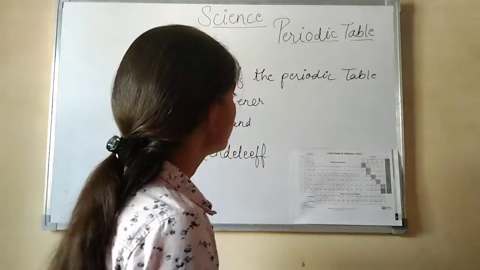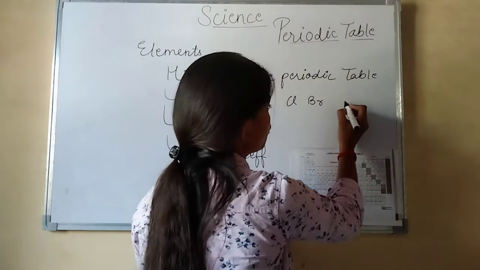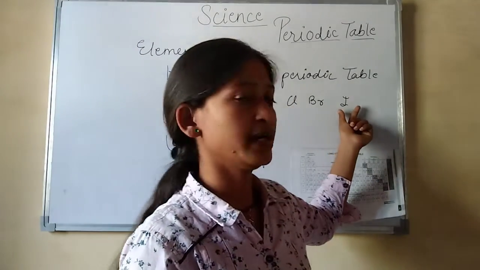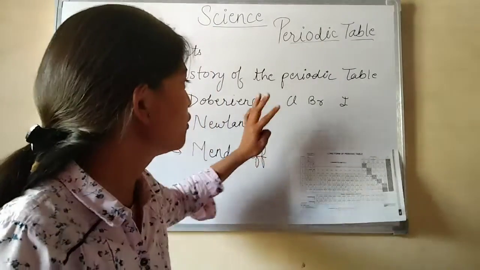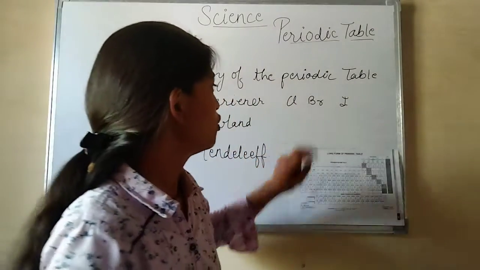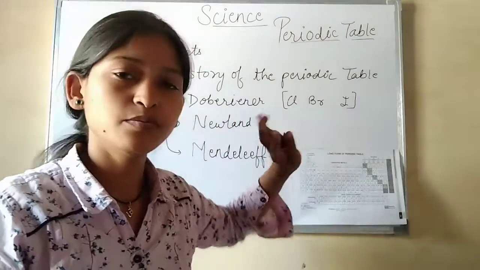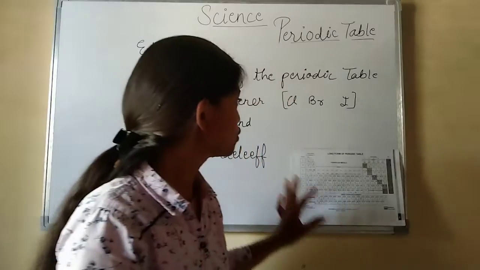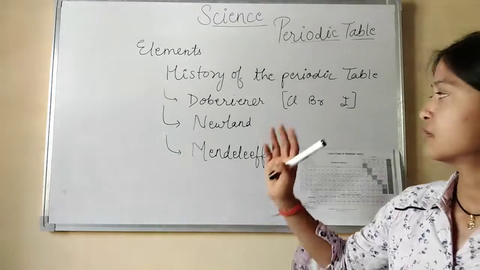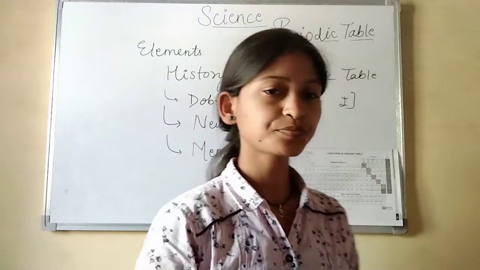For example, if we take chlorine, bromine and iodine, and take the average of chlorine and iodine atomic masses, we will find the atomic mass of bromine. So he proposed the law of triads, on the basis of three elements. But this theory was discarded because we can't find the triads of all the elements.